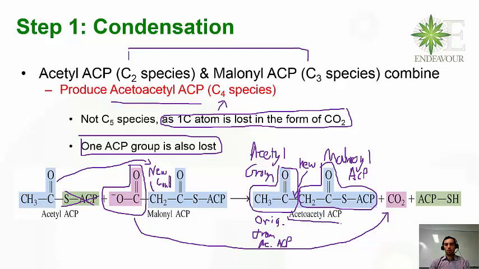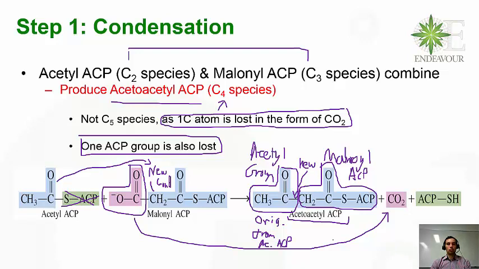Together, the 2 carbons of the acetyl group and the 2 carbons left of the malonyl ACP combine to form our acetoacetyl ACP. This is the group that we use to generate our fatty acid, or at least our first 2 carbons that have single bonds between them. So this is what we will input into those functional group change reactions.